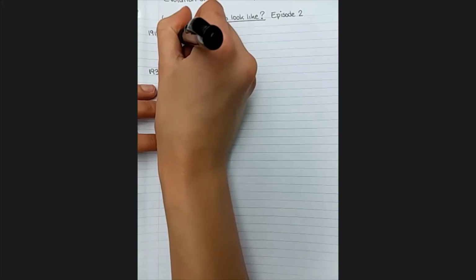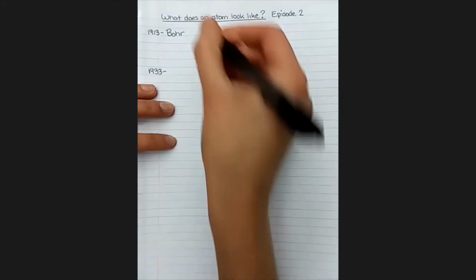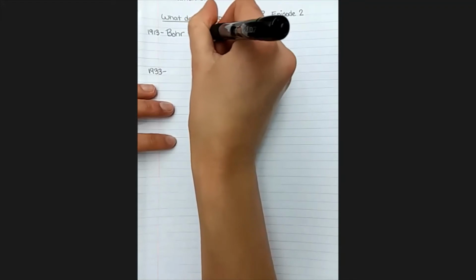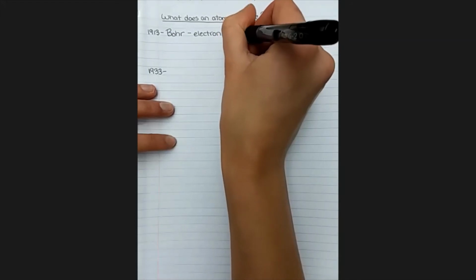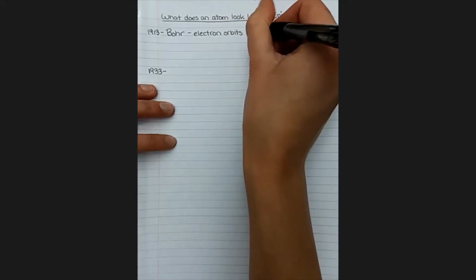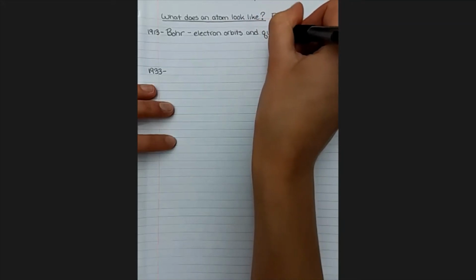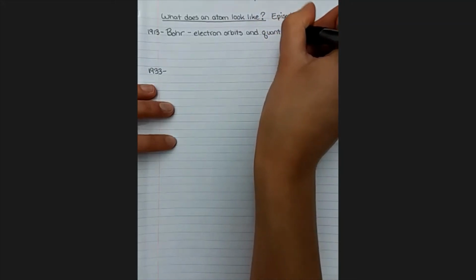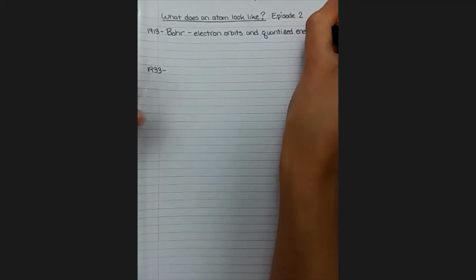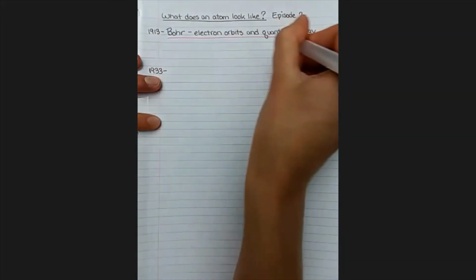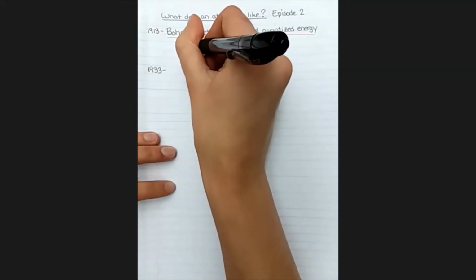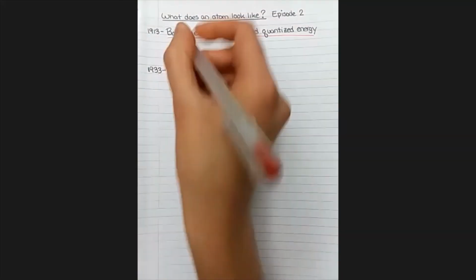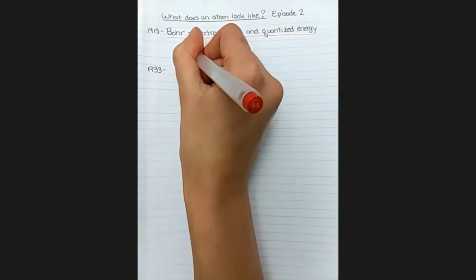So we'll add an entry for Bohr in 1913, which we had a couple of videos ago. Bohr gave us electron orbits and quantized energy. And when we drew the Bohr model, it looked something like this. There was a positively charged nucleus at the center of the atom containing protons and neutrons.